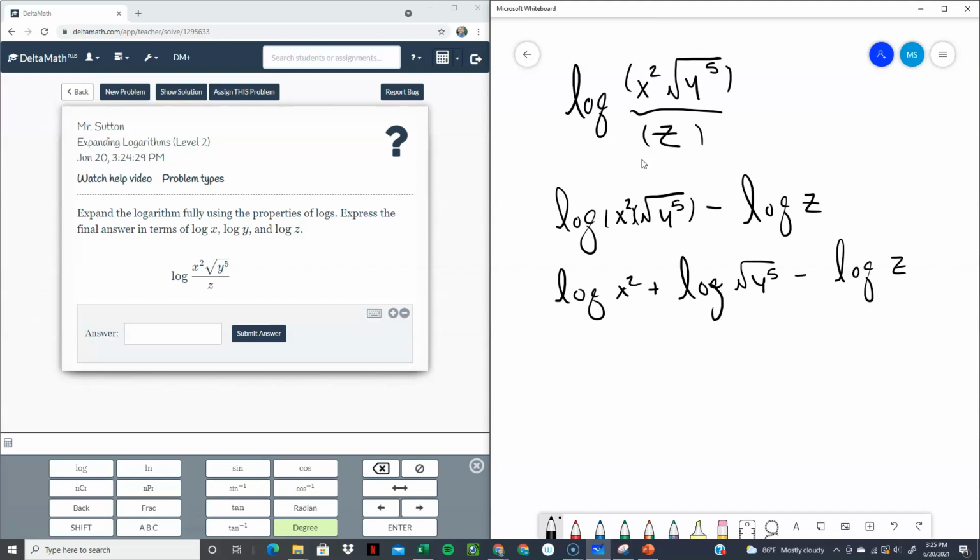And then now we can deal with the exponents. This one you probably want to rewrite as 5/2 instead of square root y to the 5th. So I'm going to move the exponents out in front now. So 2 log x plus 5/2 log of y, and then minus log of z.